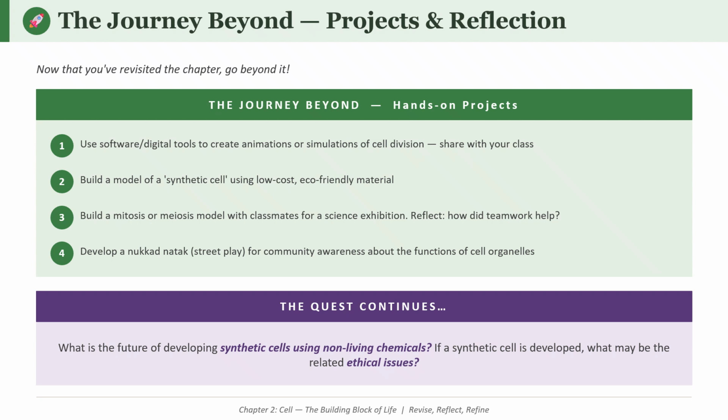So many things are available at home. You can create a cell model, and build a mitosis or meiosis model with classmates for your school science exhibition. As a team, you can reflect teamwork, or you can develop a Nukkad Natak, a street play, for community awareness about the functions of cell organelles.